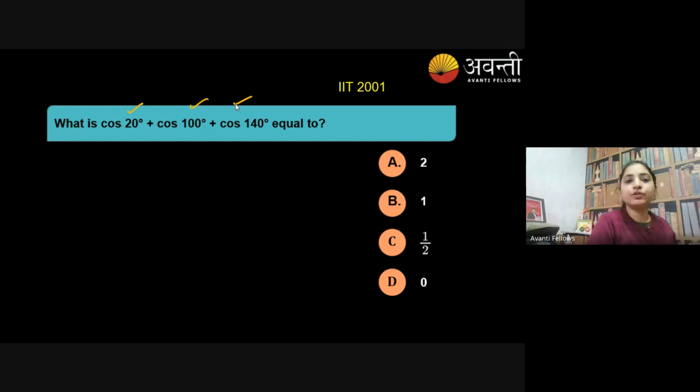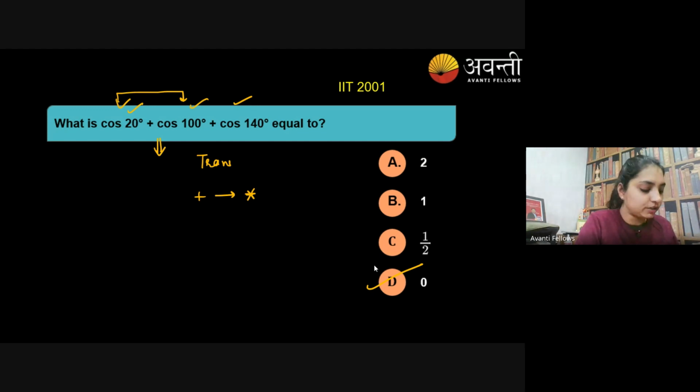Okay. So Ritik said he just applied the transformation formula, right, Ritik? That is from plus to multiply. So firstly apply on any two of the terms, then the rest. Clear, everyone? Answer is option D. Can we move ahead? If anyone has any doubt, let me know.